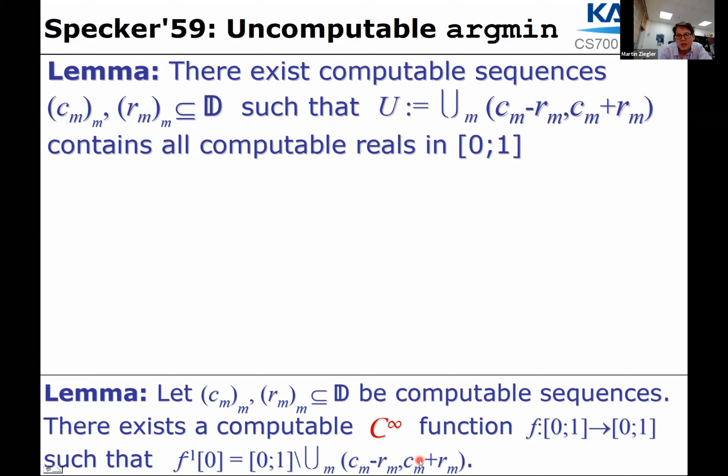All computable points are put into these intervals where the function does not have a root, does not attain its minimum, so that all the points where it does attain its minimum, and it necessarily does by calculus, must be necessarily uncomputable arguments, right? Does it make sense?